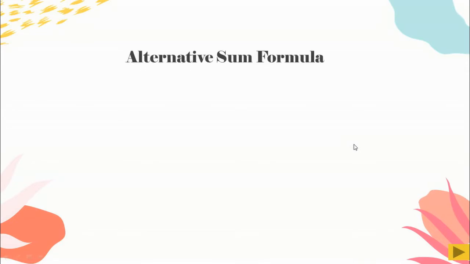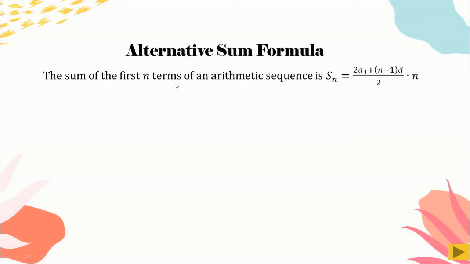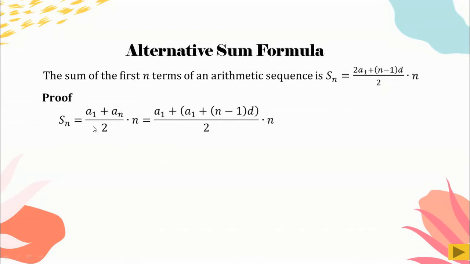We have an alternative sum formula. The sum of the first n terms of an arithmetic sequence is Sn equal to n times the first term plus n minus 1 times d over 2 times n. So in here we want to prove, is it true? Because in the definition or the theorem of the sum of the first n terms, we want to make it easier for us.